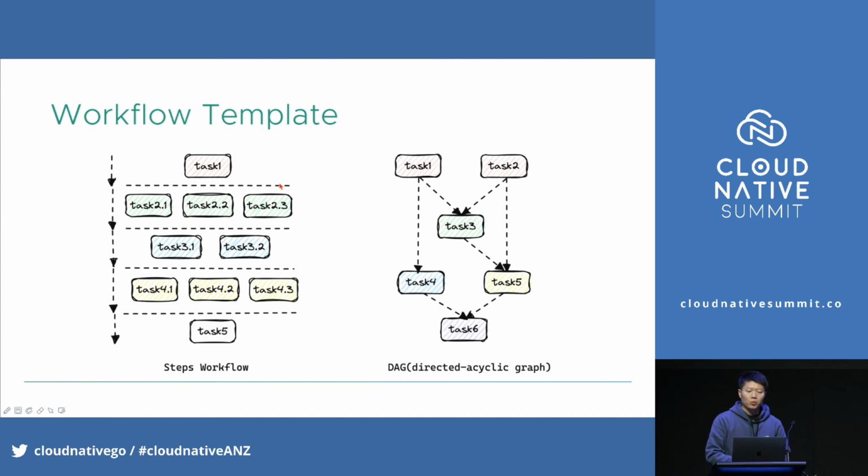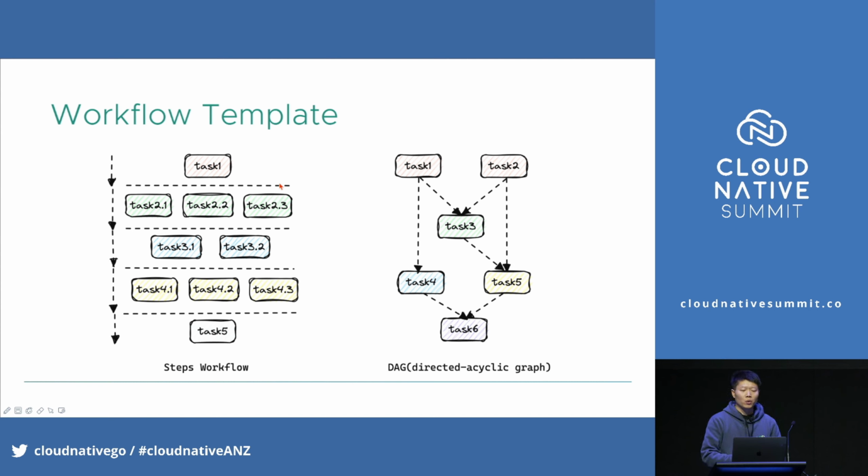In the steps workflow, we split multiple tasks into different groups, and we can run the groups one by one in sequence. But in each group, there could be one or more tasks that are executed in parallel. On the contrary, for the DAG workflow, we need to define the relationships or dependencies between different tasks.